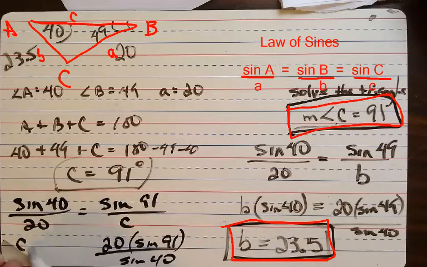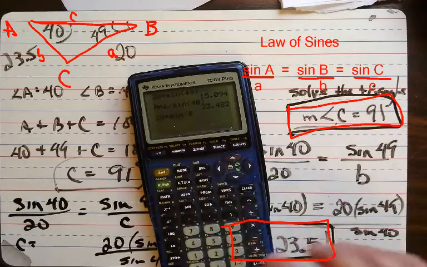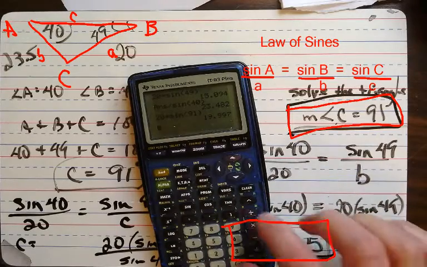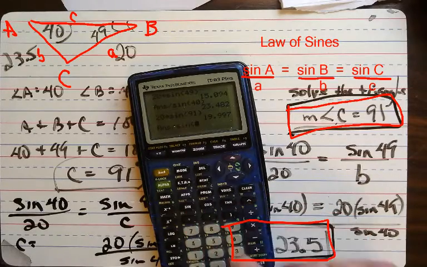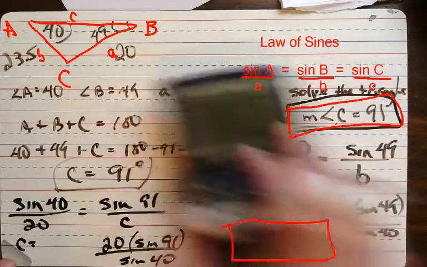And that's going to be what C is. Well, let's do it. 20 times the sine of 91 degrees divided by the sine of 40. Bing, bing, bing. 31.1. We got it.